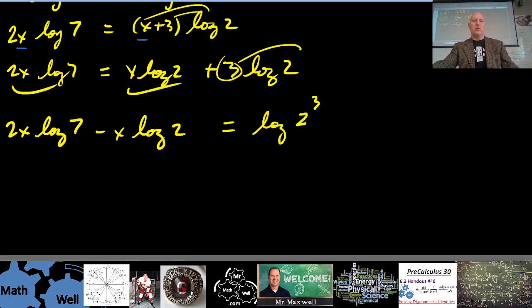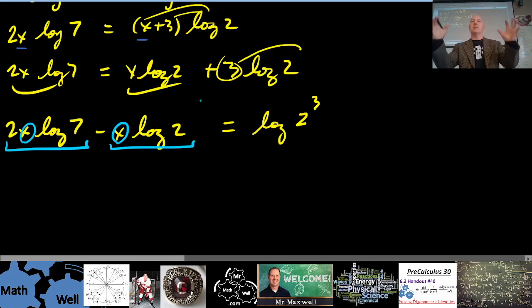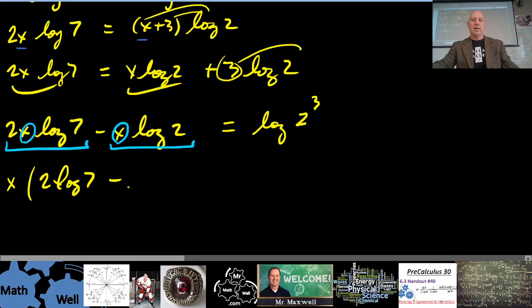Now, here's where you need to factor the x out of each of these 2 separate terms. So I have 2 terms subtracted. So now you can take the x and bring it out as a factor. And then that's going to help isolate for x. So what's left over is log 7 minus log 2 equals log of 8 over here.